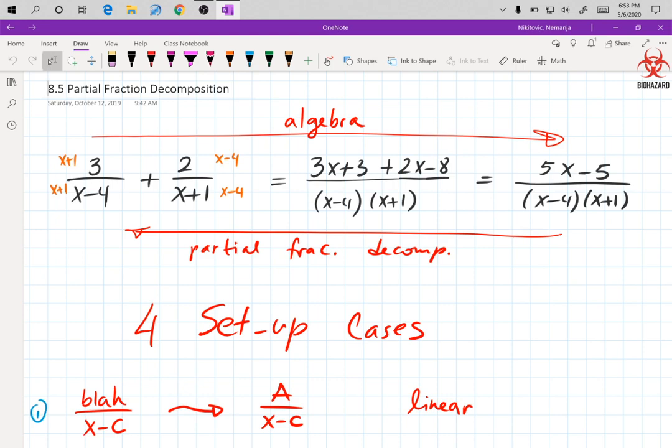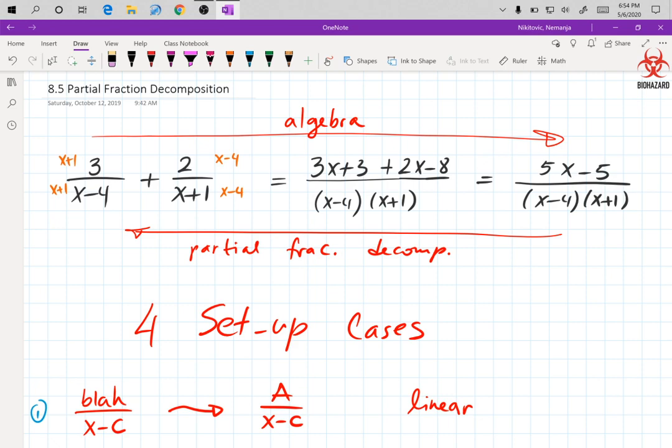In basic algebra, you get a problem with two rational functions like this that you are supposed to add together. So I just want to add these two rational functions. You know how to do that because you took algebra.